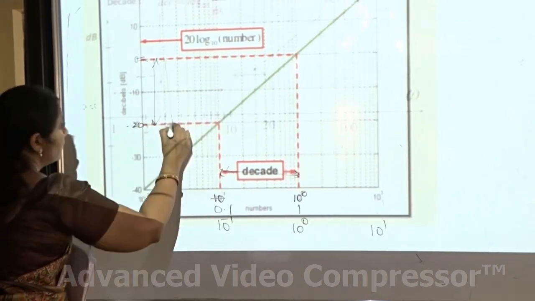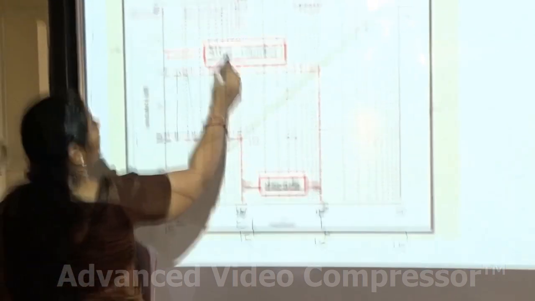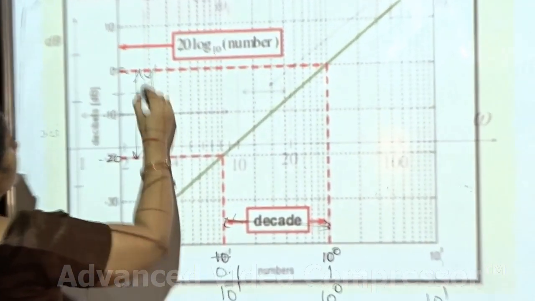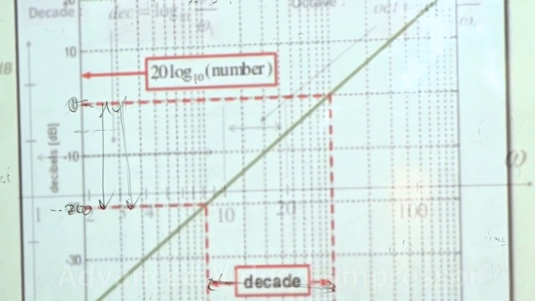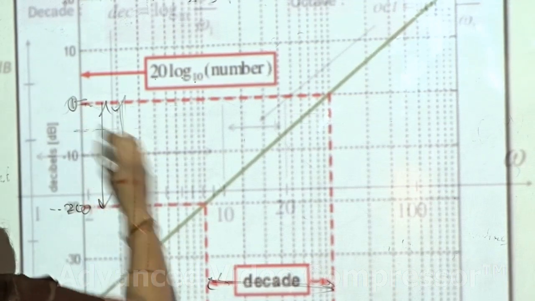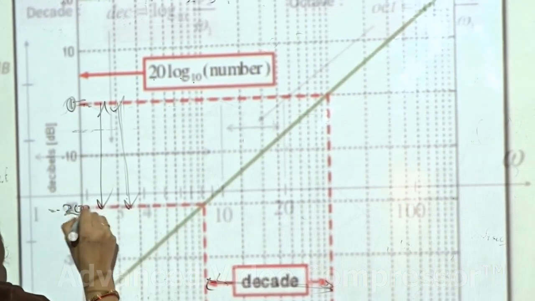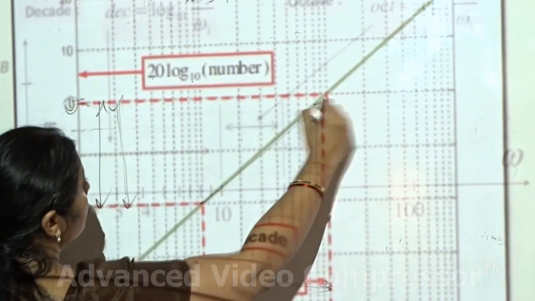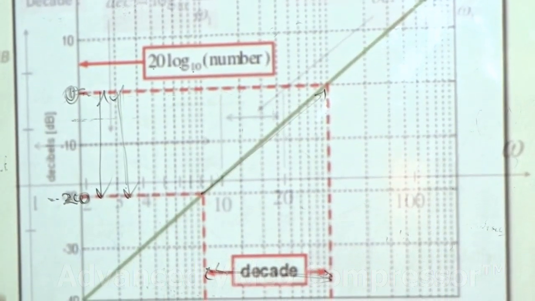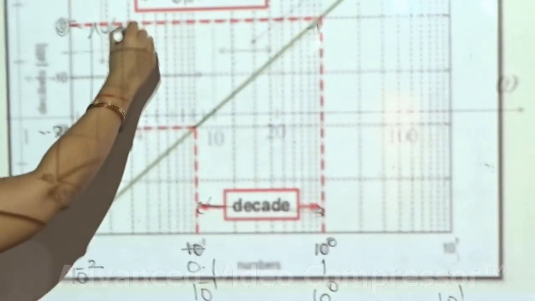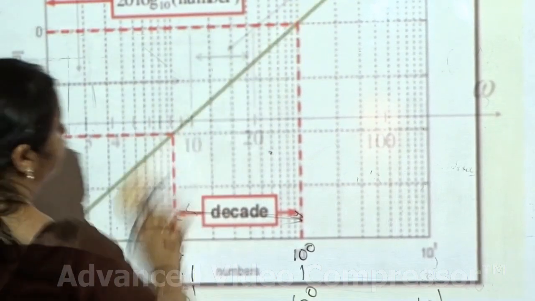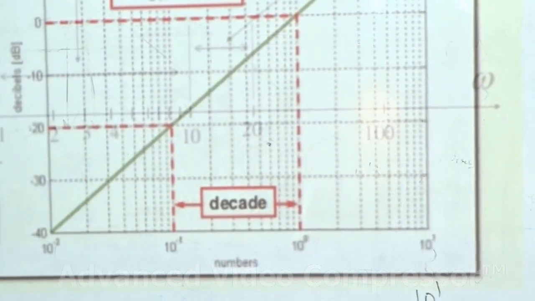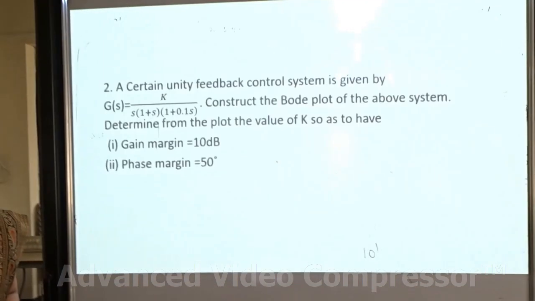And this is 20 log of the number, whatever gives the gain here. It is going from 0 to minus 20, so the slope is coming down like this. Then we will go back to the problem.